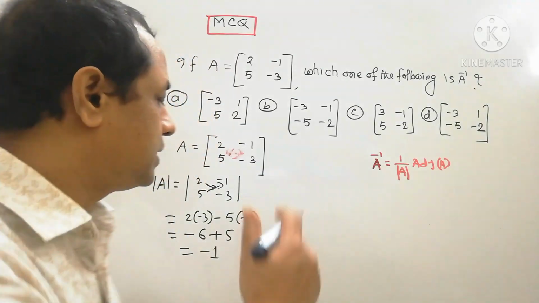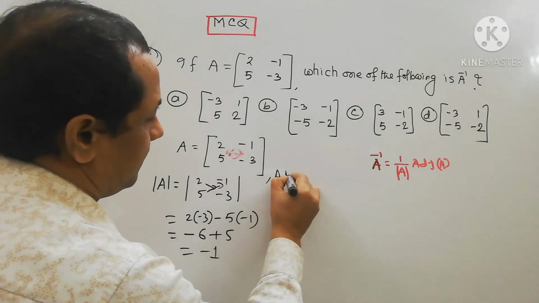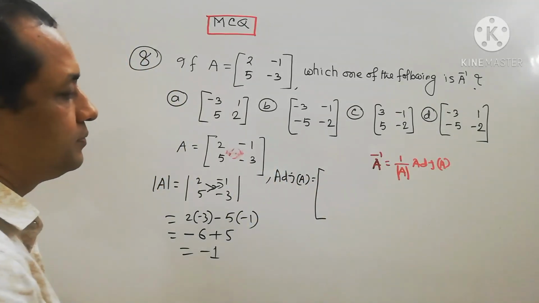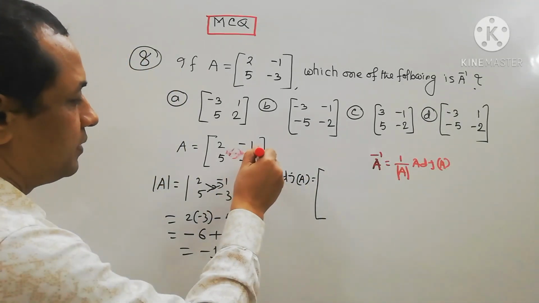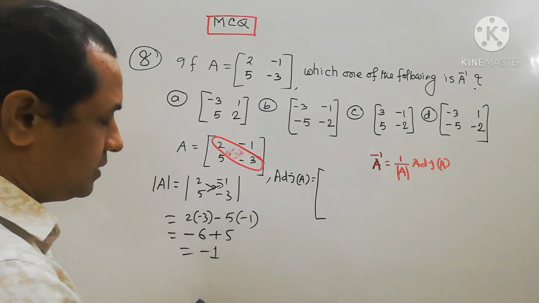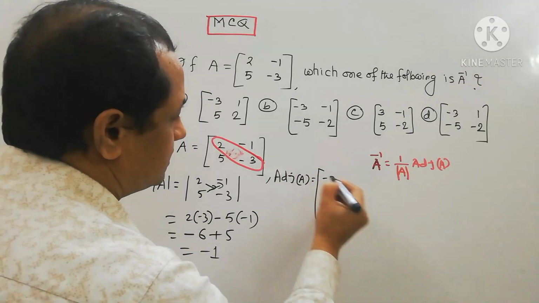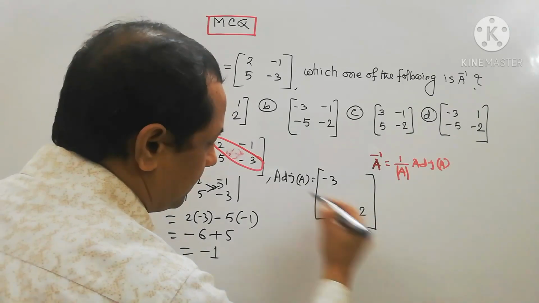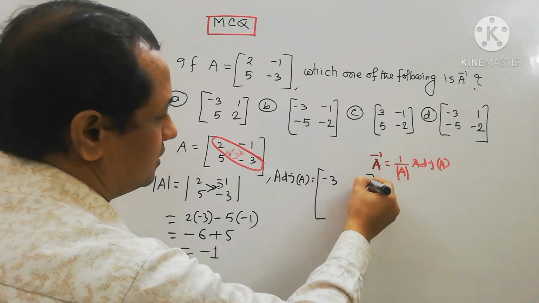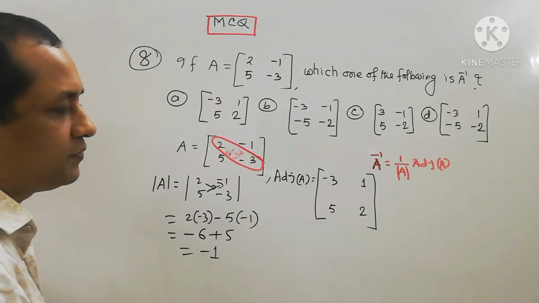Then find the adjoint of A. So student, we know that the adjoint of A is found by interchanging the entries of the principal diagonal. So we can write 2 minus 3 as minus 3 and 2, and the other entries are 1 and 5.